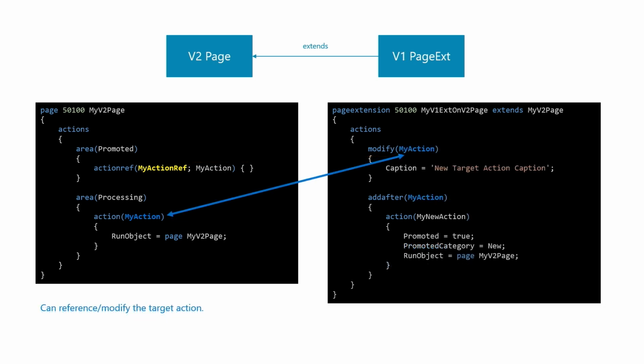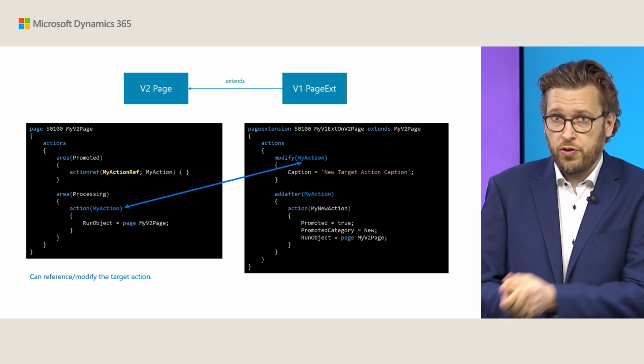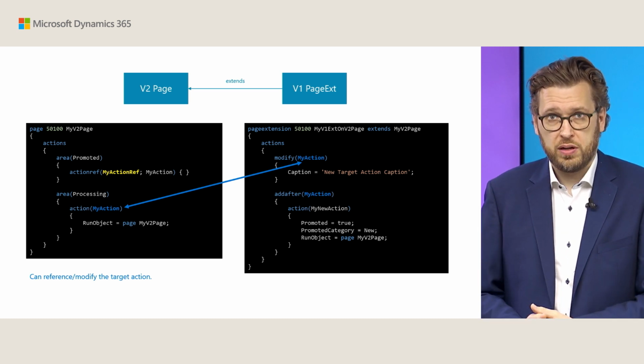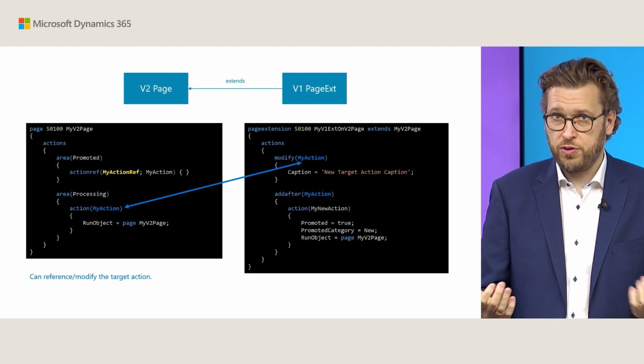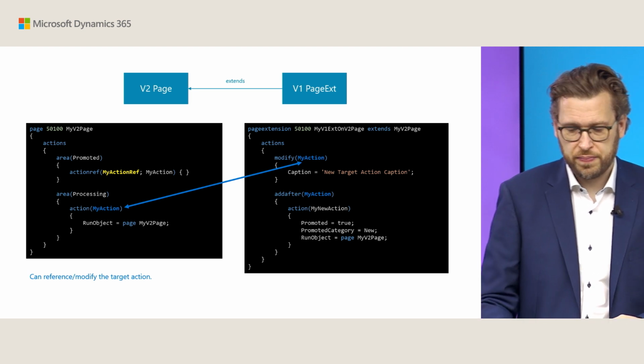But then the interesting combinations are that because we have the runtime, you can actually mix. So if somebody created a V2 page with the explicit promoted area and action ref, you can still build a page extension for that using the old model. And we will still, on the platform side, convert that and make sure that that works.